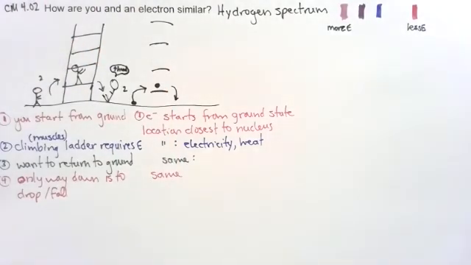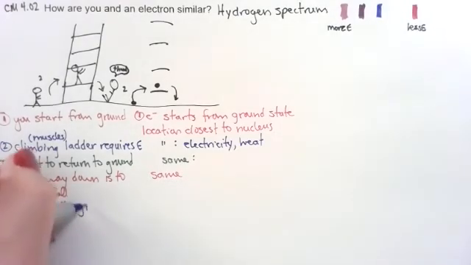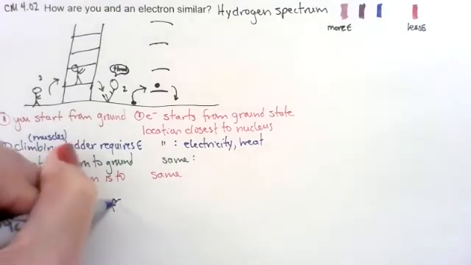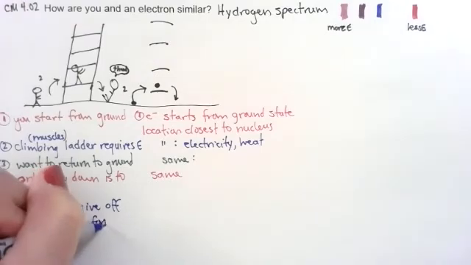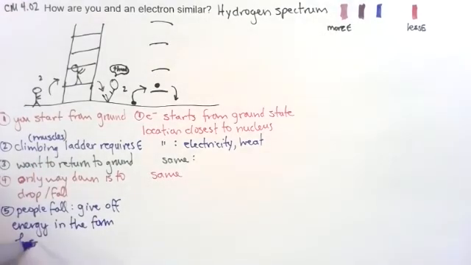So when that electron falls, when we fall, we now give off energy in the form of sound. So when we fall, we give off energy in the form of sound.